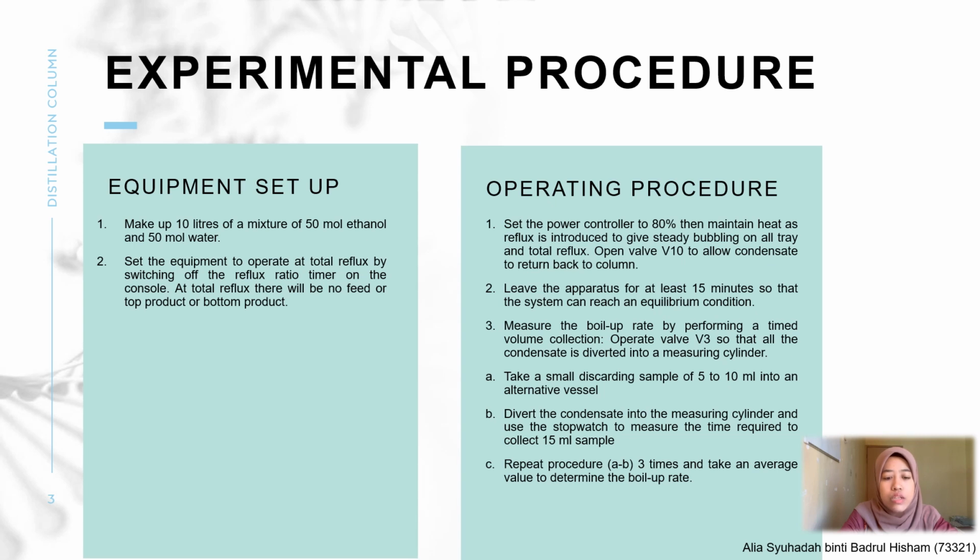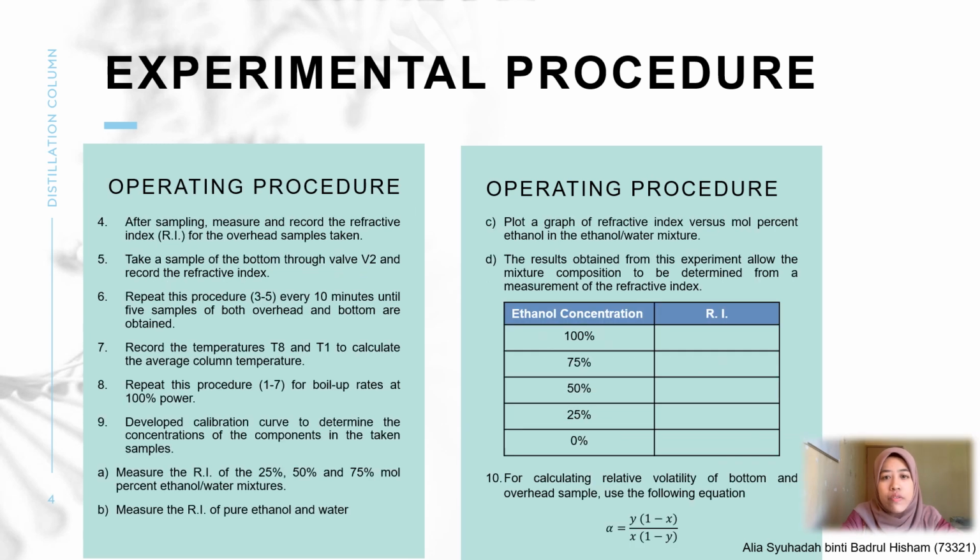Take a small discarding sample of 5 to 10 ml into an alternative vessel. Divert the condensate into the measuring cylinder and use the stopwatch to measure the time required to collect a 15 ml sample. Repeat steps A to B 3 times and take an average value to determine the boil-up rate. After sampling, measure and record the refractive index (RI) for the overhead samples taken.